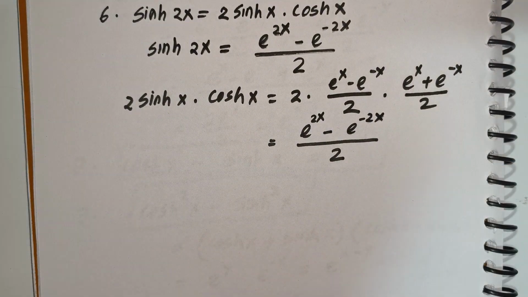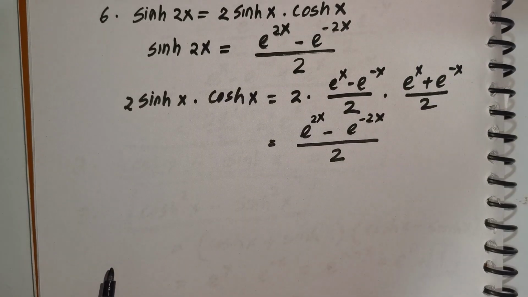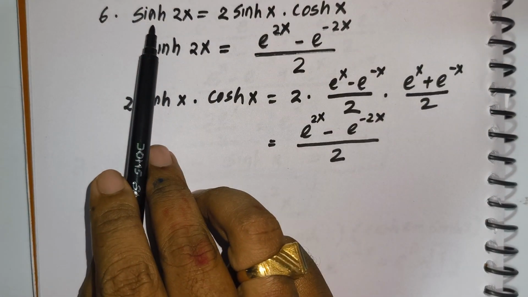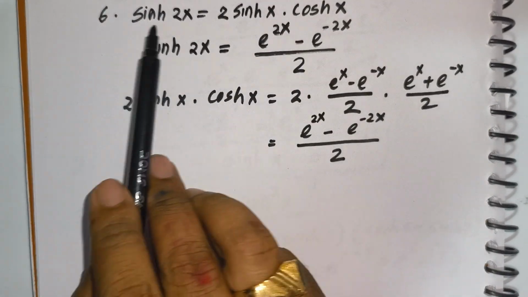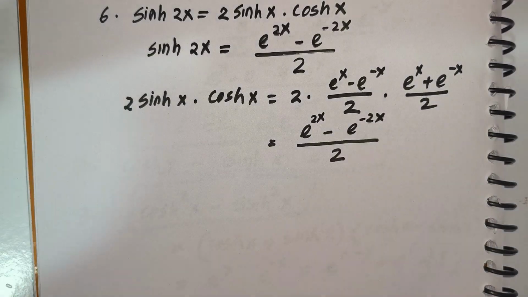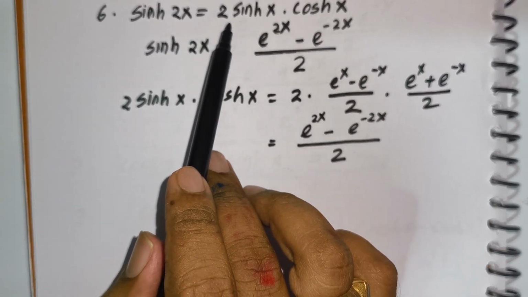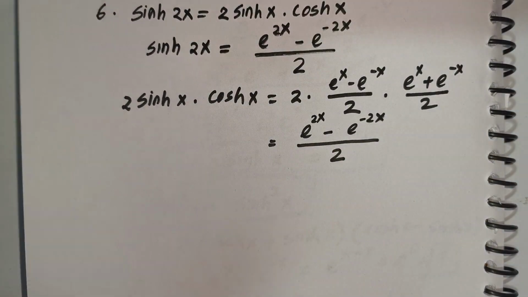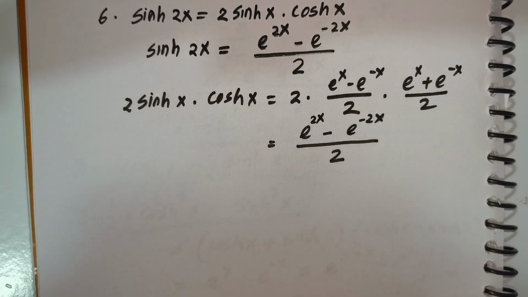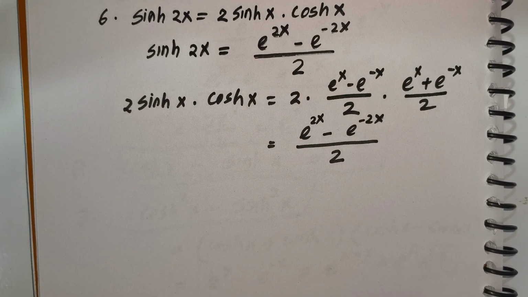and make them equal. And you can see that there is some relation between hyperbolic function identities and trigonometric identities. In trigonometry, we have sin 2x as 2 sin x into cos x, and cos square x plus sin square x is 1. But here we have hyperbolic cosine square minus hyperbolic sine square as 1.